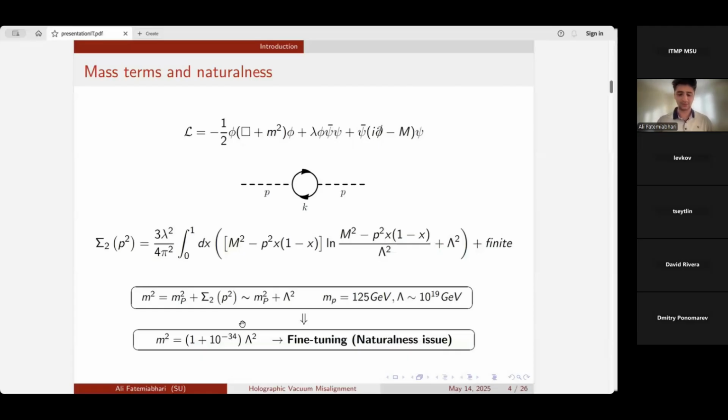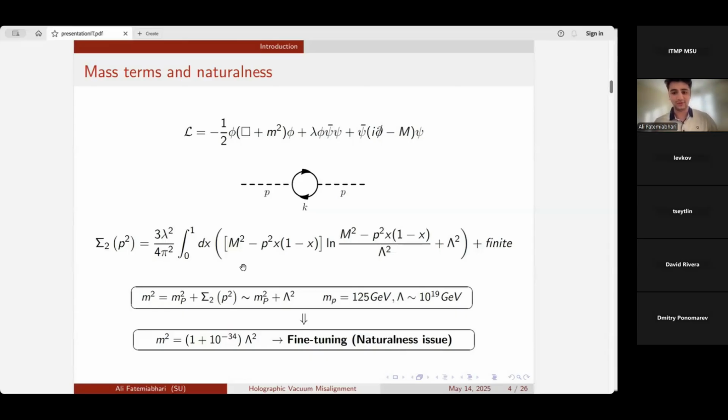If the cutoff is low, the theory needs to be changed a lot. So one might be concerned by this fine-tuning issue. Another issue is that the mass of the fermion appears here. So if there are very heavy fermions, they will also affect the mass of the Higgs, and they will never decouple no matter how heavy the fermions are.